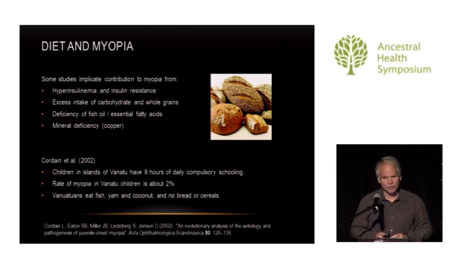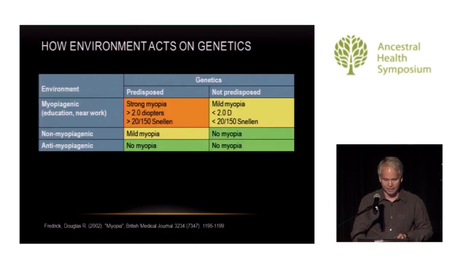Now, Cordain took the view that actually genetics were not that important because he was studying children in the islands of Vanuatu who were in school 8 hours a day, and yet they only had about 2% myopia. But, as I'll argue later, it's not genetics or environment, but I think the two come together.